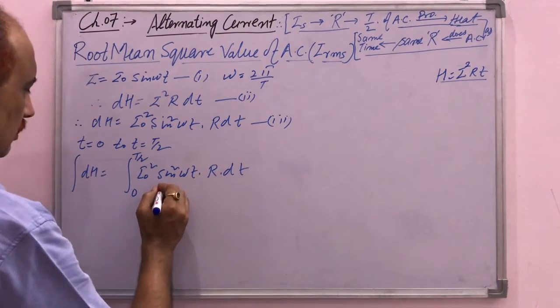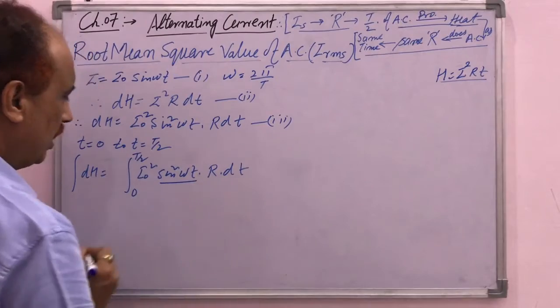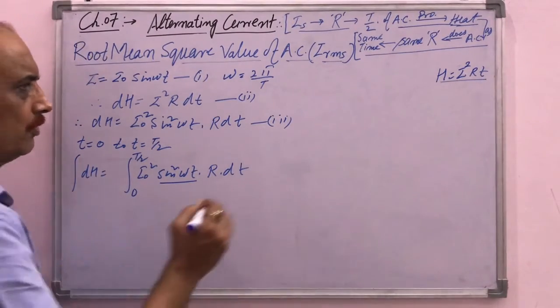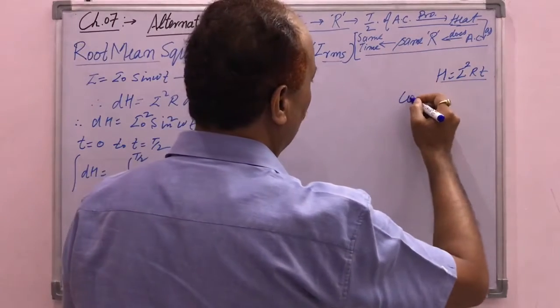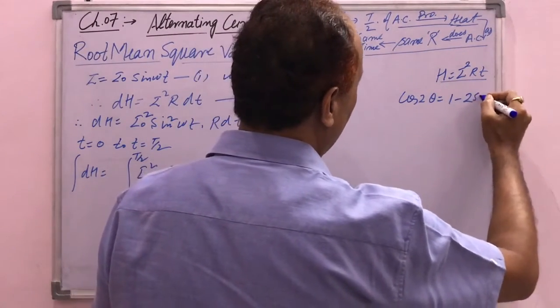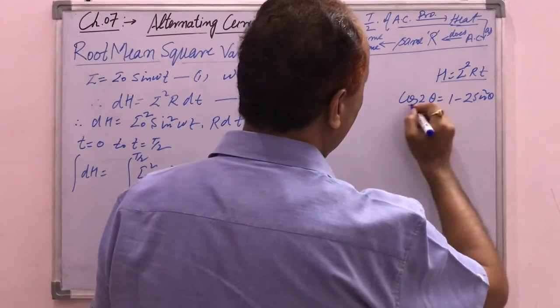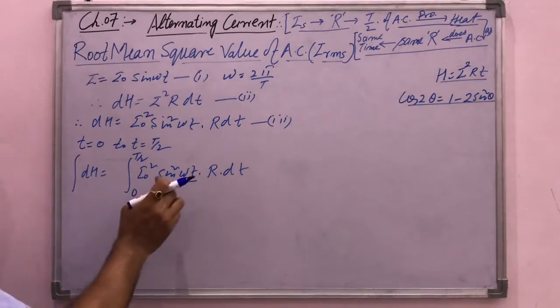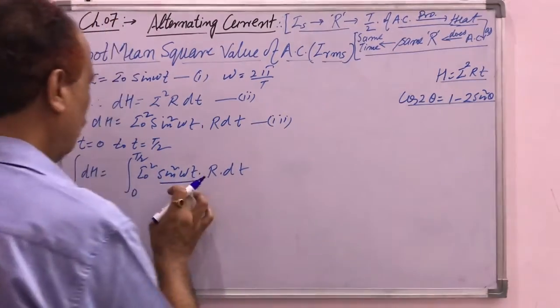Now replace sine square omega t using the formula for cos 2 theta. We know that cos 2 theta equals 1 minus 2 sine square theta, where theta is here omega t.